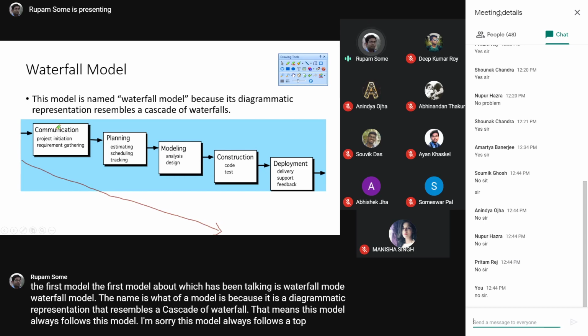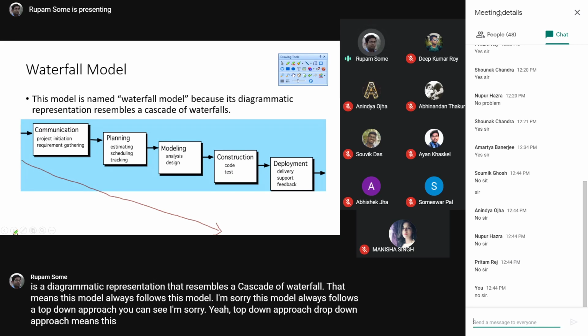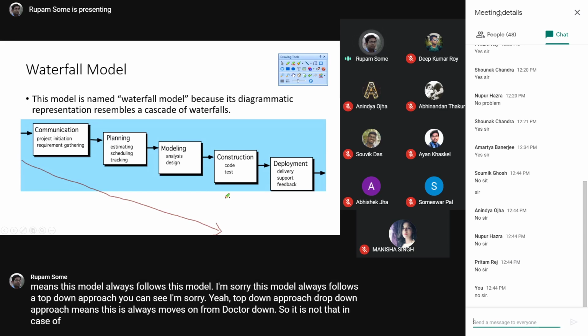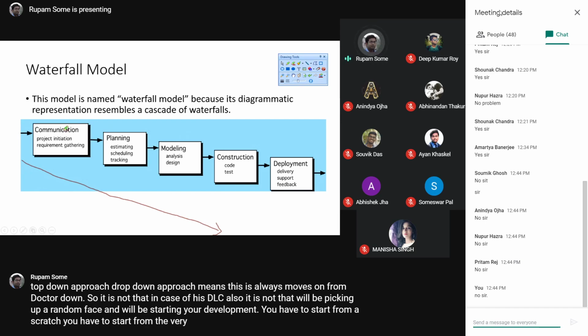So in the case of SDLC also, it is not that you'll be picking up a random phase and starting your development. You would have to start from the very beginning. There is a serial, and you will not be in a position to break the serial. If you say, sir, I'll be starting from construction, I'll be starting coding once I get the requirement, I would say it's not possible. Rather, you would have to start from this particular phase.